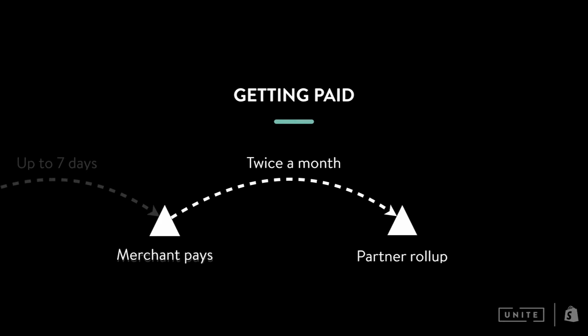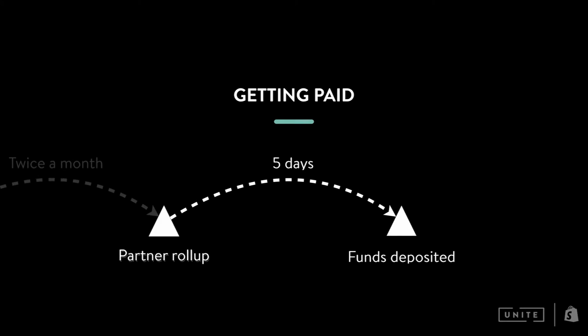Once that happens, twice a month, we roll up all the charges that are pending in your account. So on the 1st and the 16th of the month, we roll up all of these charges in a bill, and you see a new line on your partner dashboard, and we release the payment 5 days later, so 5 days later, you get the money in your account, right? So everything that I talked about then resumes, like every month, you get your regular payout.